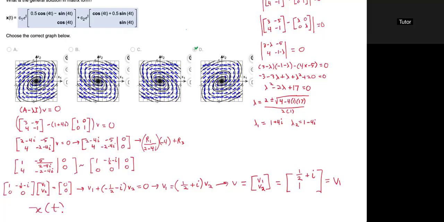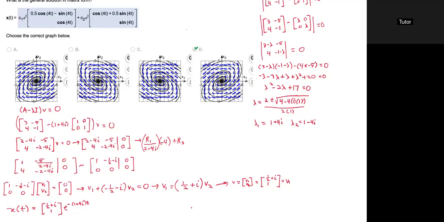So as of now, our xt solution is equal to 1/2 plus I, 1, e to the negative 1 plus 4I t. So we have to separate this into real and imaginary. And to do this, we will use Euler's expression.